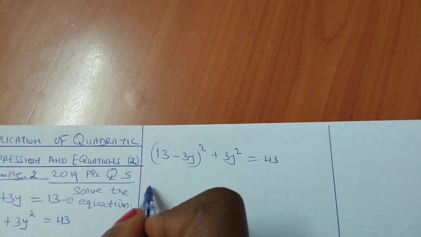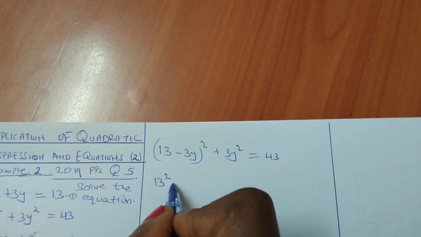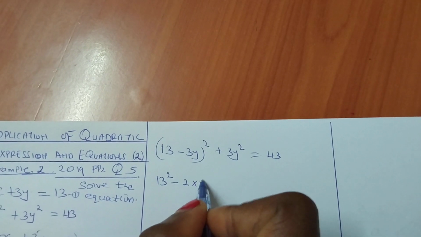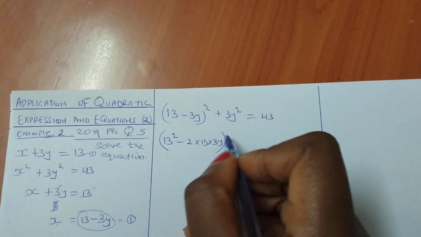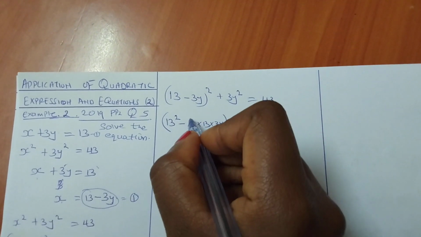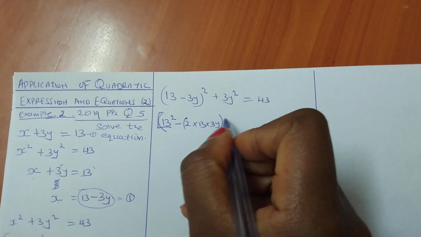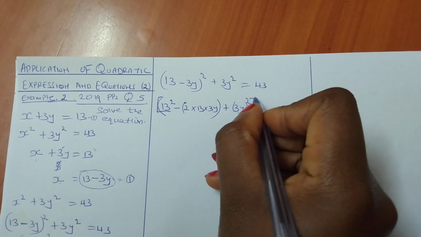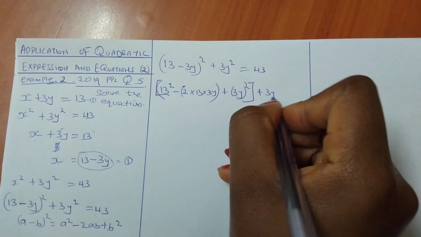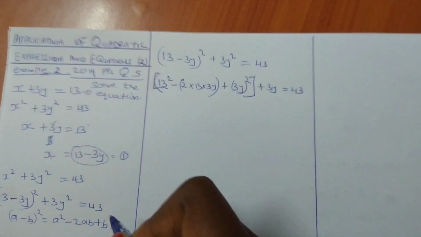Here we have 13 squared minus 2 times 13 times 3y plus 3y squared, then plus 3y squared is equals to 43.